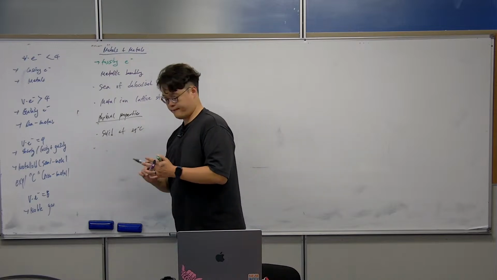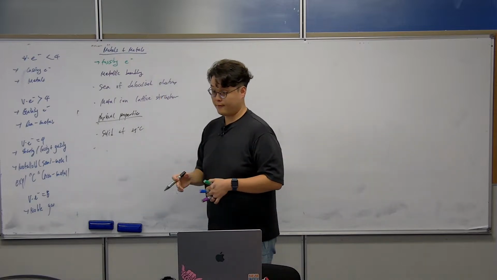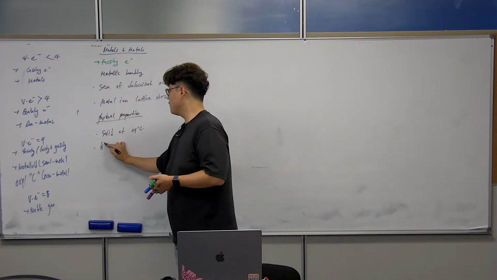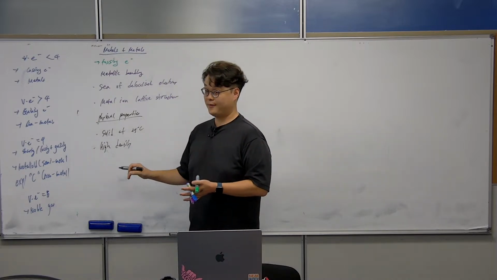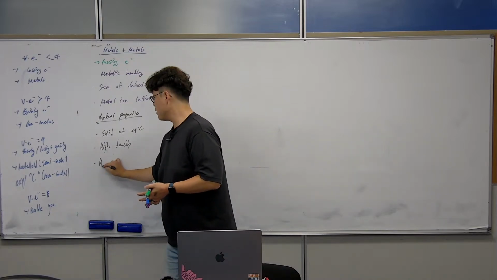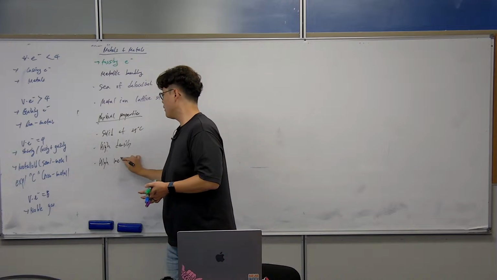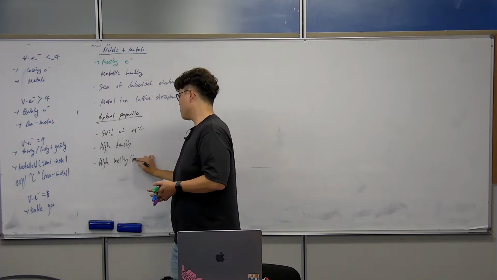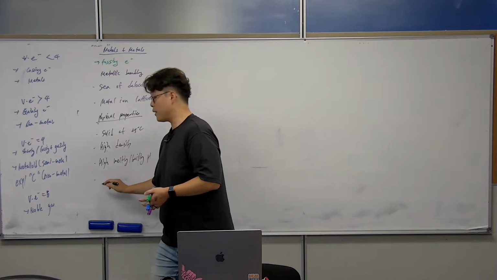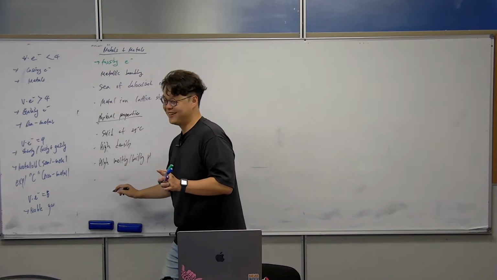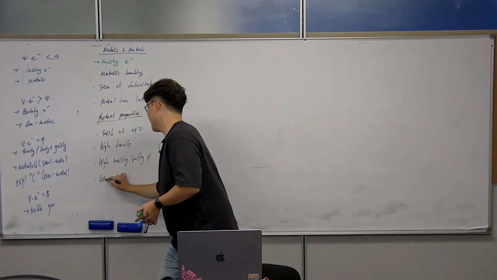High density. High melting point. What about boiling point? Both melting and boiling point. Very good. Give me one more. Malleable. Maybe one more. Ductile. Thank you.